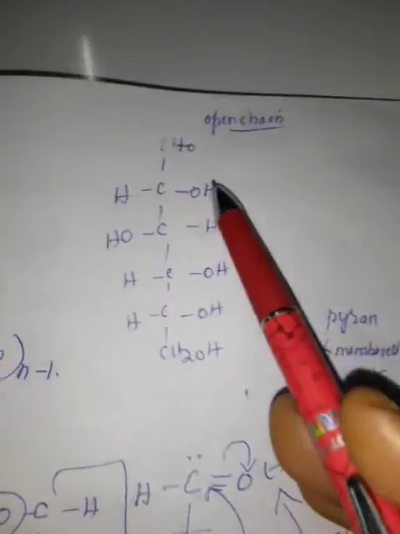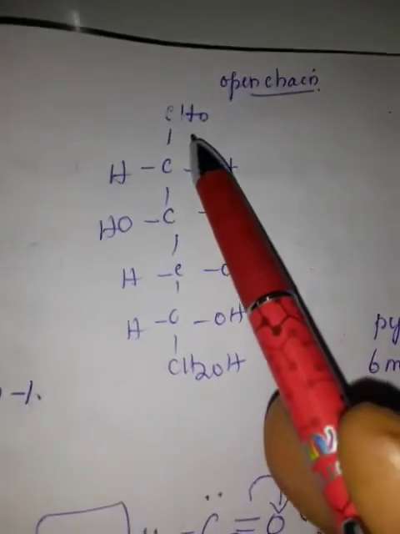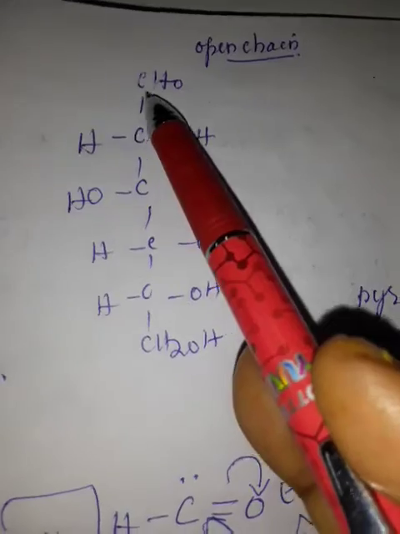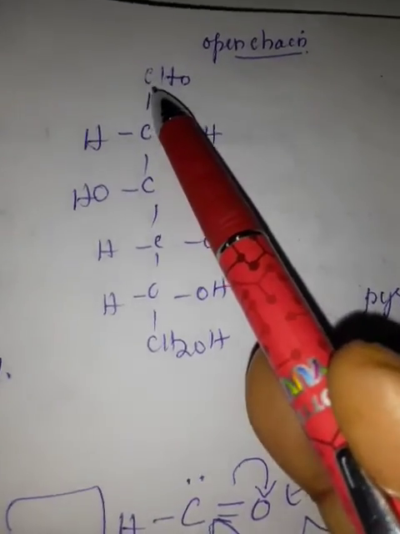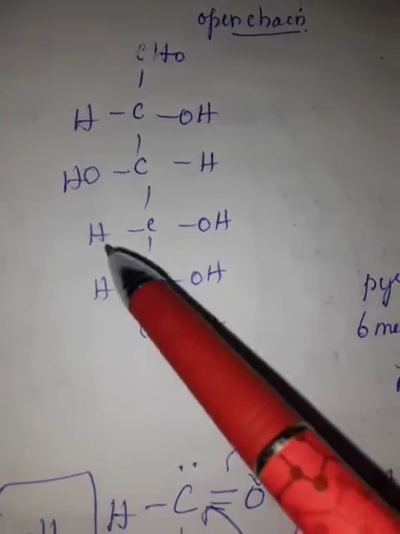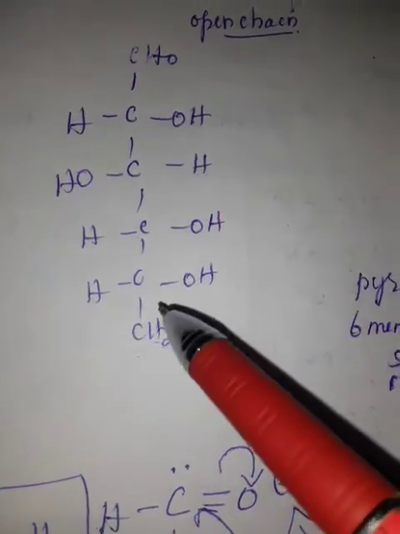See, this is the open chain structure for glucose. 6 carbon atoms. First carbon is the aldehyde group. This is the anomeric carbon. And the last one is the primary alcoholic group. Then the remaining 4 carbons.